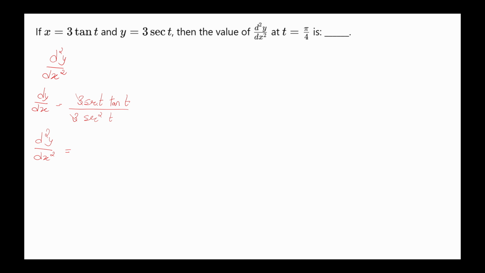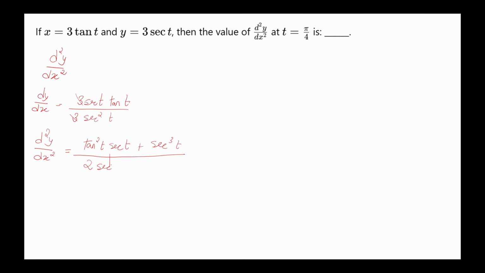So I will differentiate again these two functions separately. This is a product rule differentiation. So here it would become tan square t into sec t plus this would become sec cube t. And below what are we going to have? This is going to be a chain rule differentiation.